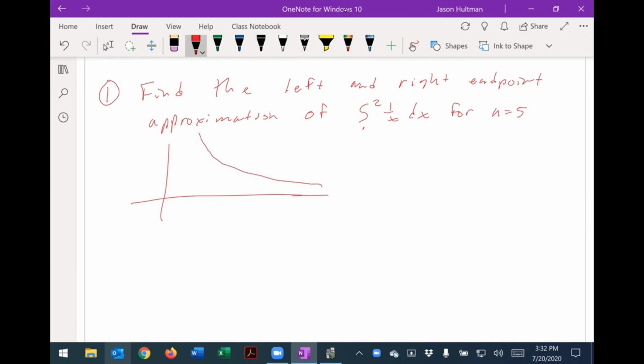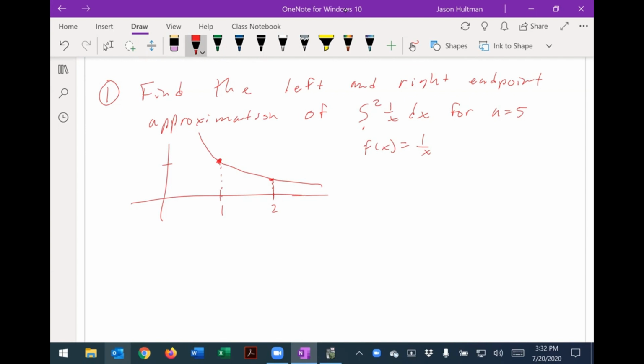Now where's 1? 1 is right here. So again, f of x is equal to 1 over x. We want to go from 1 to 2, and I want to divide this into five increments. How am I going to do 5 increments here?